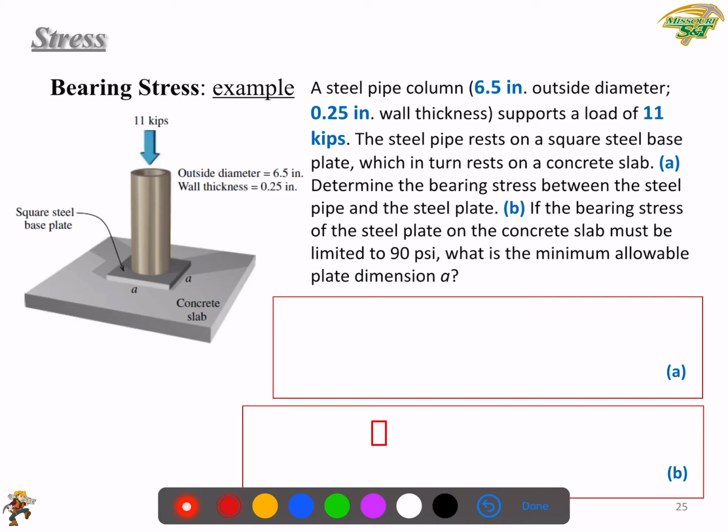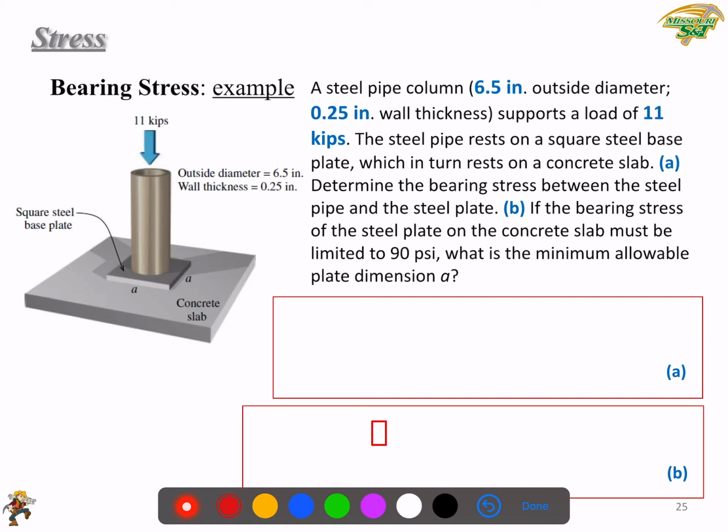And here, this steel pipe column, 6.5 inch outside diameter, 0.25 inch wall thickness, supports a load of 11 kips. The steel pipe rests on the square steel base plate, which in turn rests on the concrete slab.